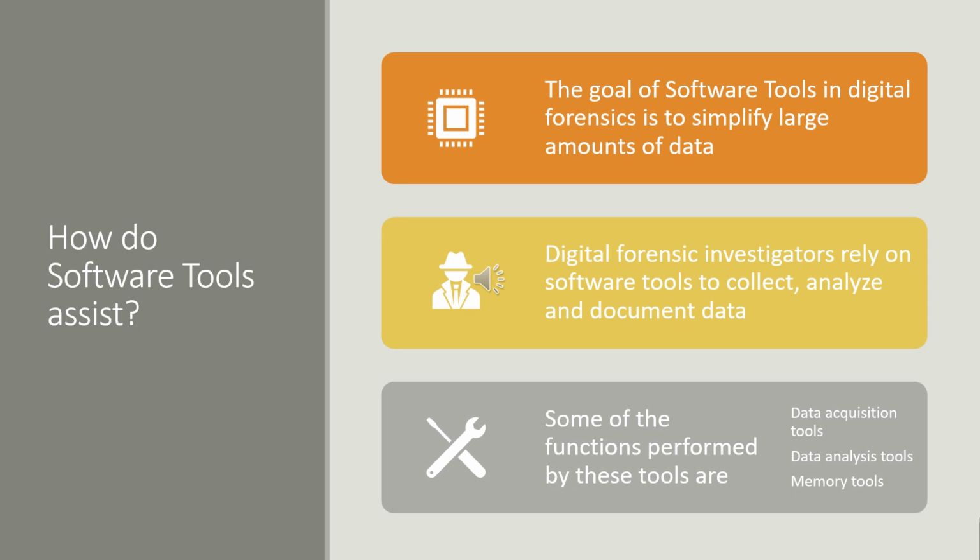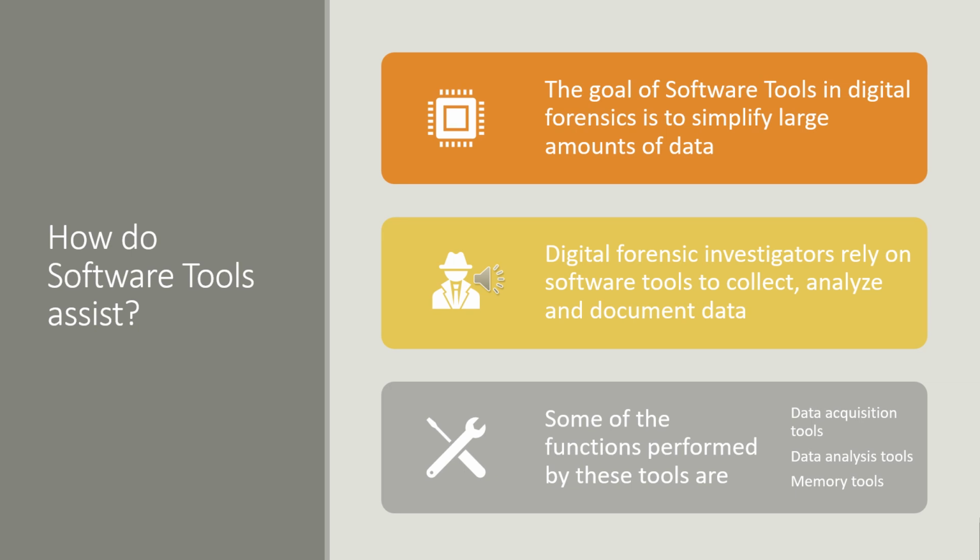The goal of software tools in digital forensics is to simplify large amounts of data. Digital forensics investigators rely on software tools to collect, analyze, and document data. Some of the functions performed by these tools are data acquisition, data analysis, and memory. Software tools help investigators with collecting, analyzing, and documenting evidence.